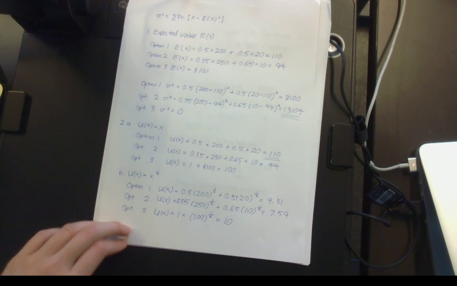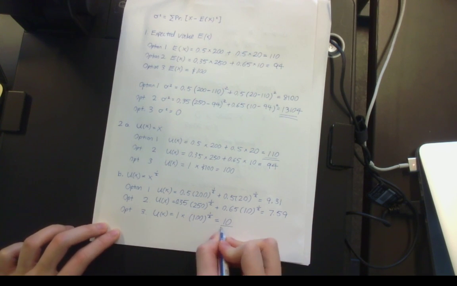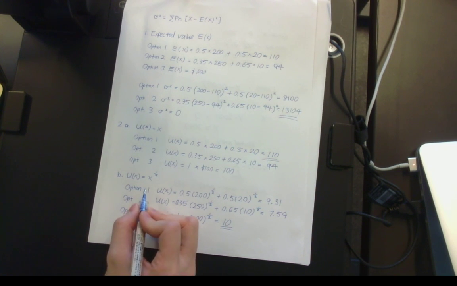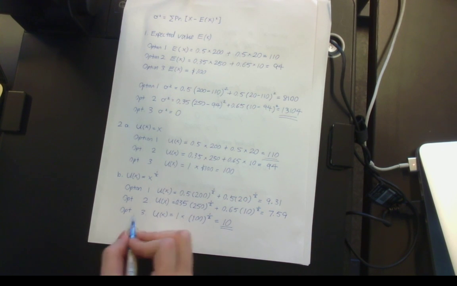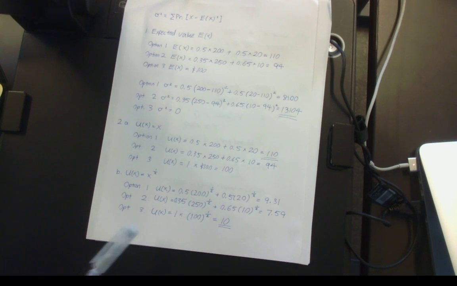So out of all the 3 options, option 3 gives the highest expected utility to Calvin if Calvin is risk averse. And it also makes sense because Calvin is risk averse, so this option gives the highest certainty, right? Because Calvin is getting $100 for certain.